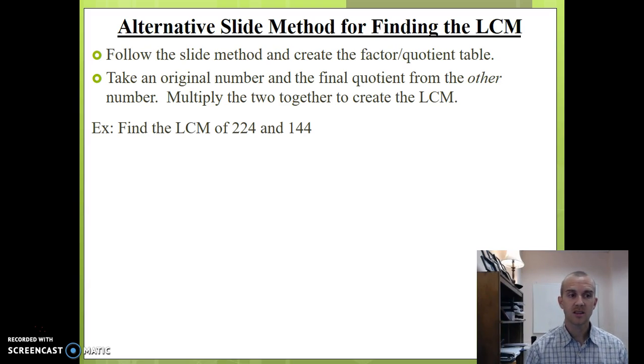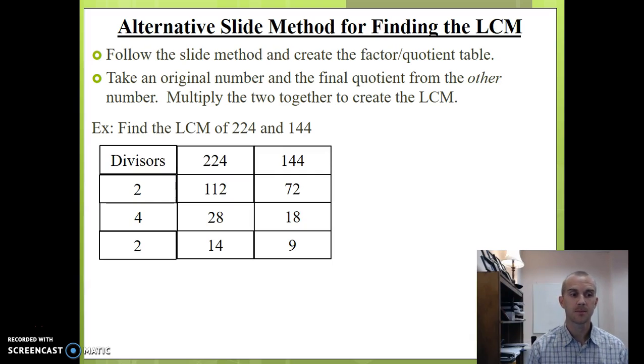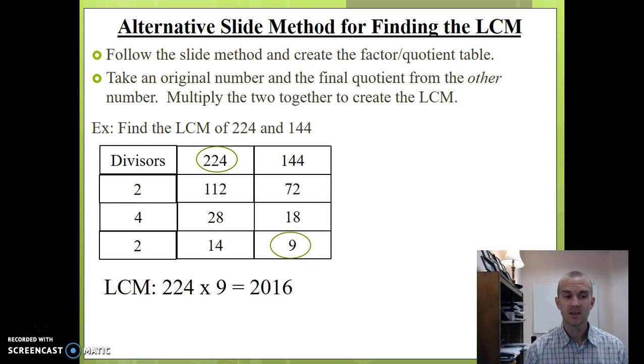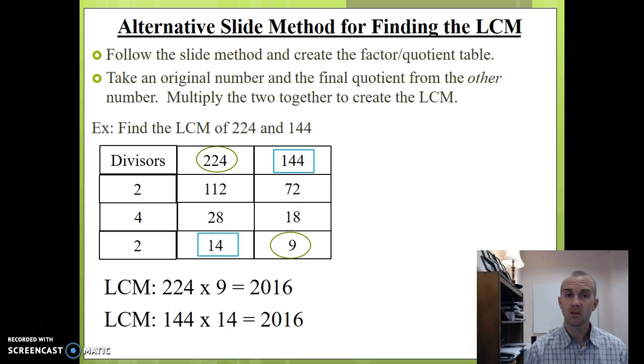So let's take again this idea of using 224 and 144 to find the LCM. I use the slide method, get exactly where I just was. Now if I take 224 and multiply it by the last quotient in the next column, 9, 224 times 9 is 2016. Well, what if I used 144 and 14? That also would give me 2016.